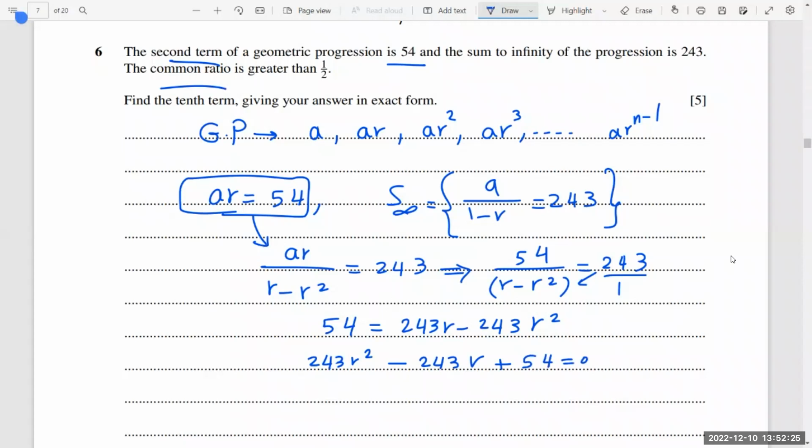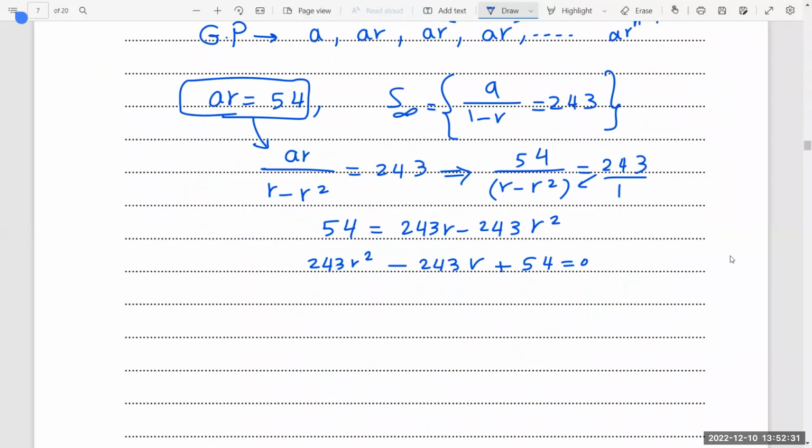I can simplify this equation or solve it by quadratic formula. 243 divided by 54, no, 54 is 9 times 6, so this is 27. It's divisible by 9. Even divisible by 27, no problem.